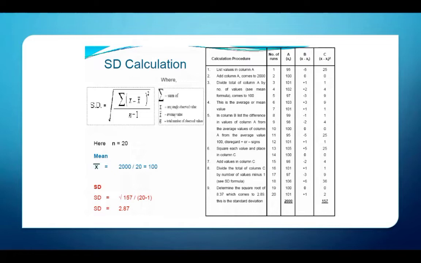Where is the variation more, in case of cholesterol or in case of uric acid? If you compare numbers 10 and 1, you will say definitely variation is more in case of cholesterol. But you have to understand, there is a variation of 10 out of 200 and there is a variation of 1 out of 5.